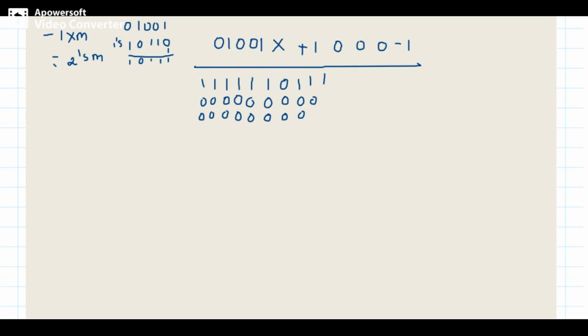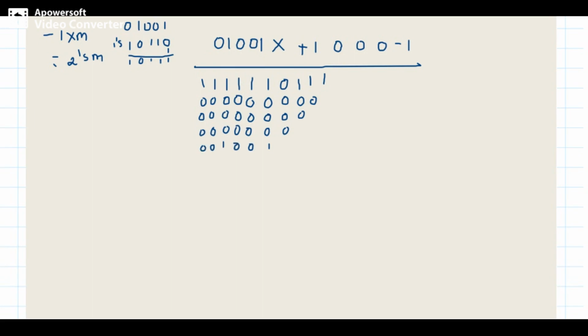Once again, here also we are having the third bit as 0 into M. So I can consider the partial product as 0 itself. And the last one is 1 into M. So I can write M as it is. So that is 1, 0, 0, 1, 0 and 0.